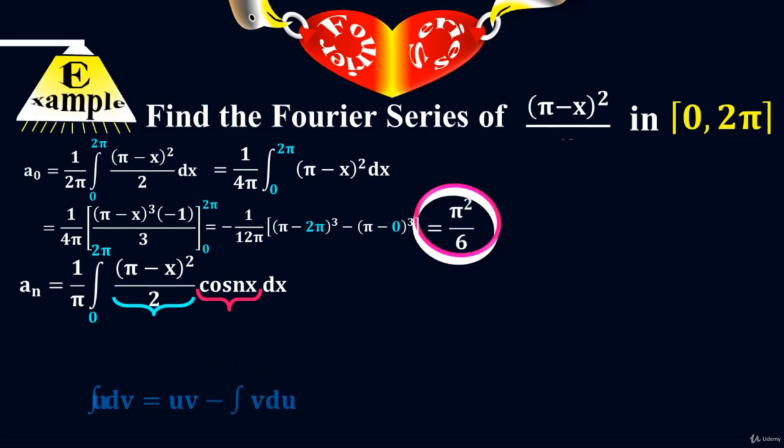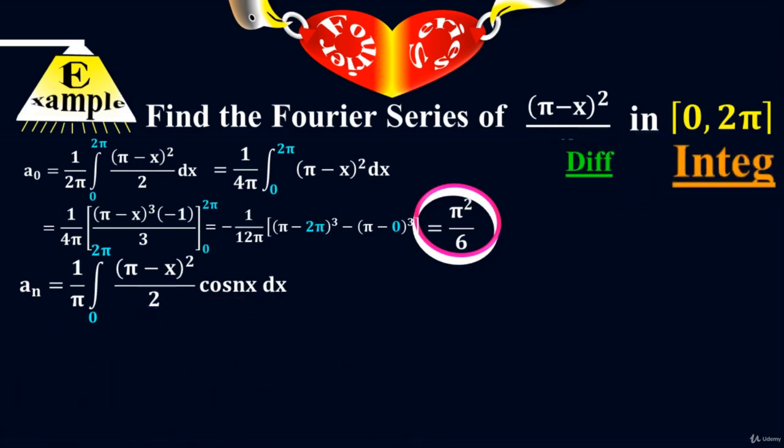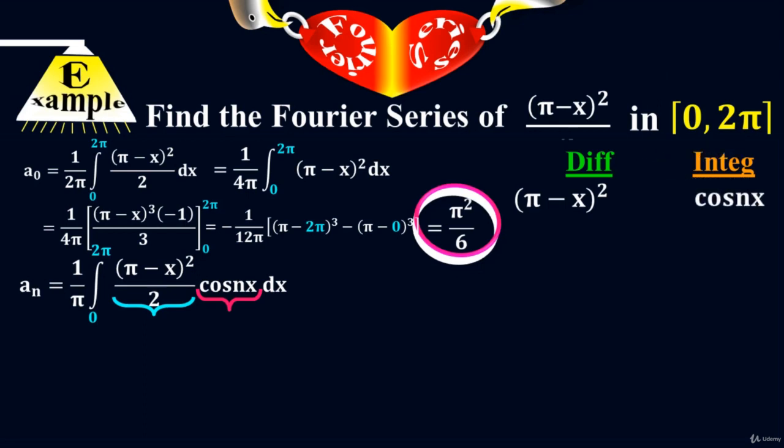Let me put differentiation at the left side and integration on the right side. Put the algebraic term under the differentiation process. I just take (pi minus x) whole square because I took 1/2 outside of the integration. Put the trigonometric function under the integration panel. Derivative of (pi minus x) whole square equals 2 into (pi minus x) times minus 1.